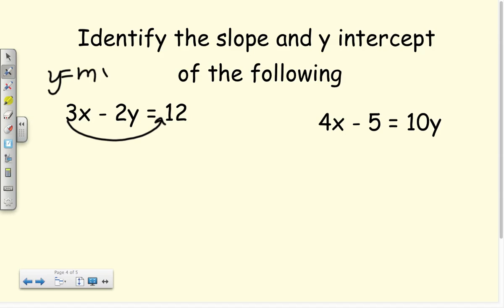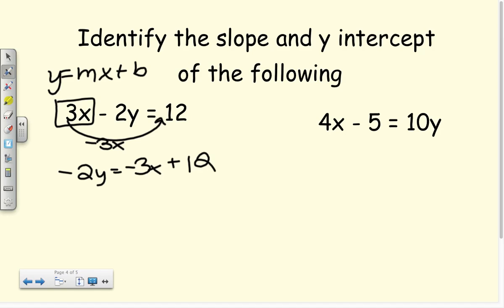Keep in mind, the x is always immediately to the left of the equal sign in slope-intercept form. So in order to move this, I'm going to minus 3x, because this is like a positive 3x. So I get negative 2y is equal to negative 3x plus 12.